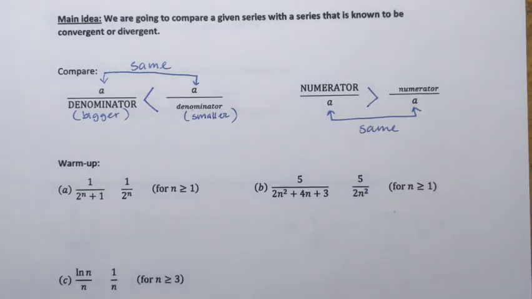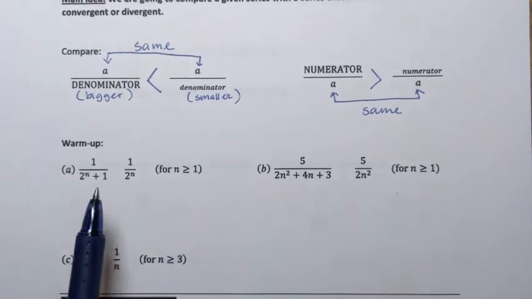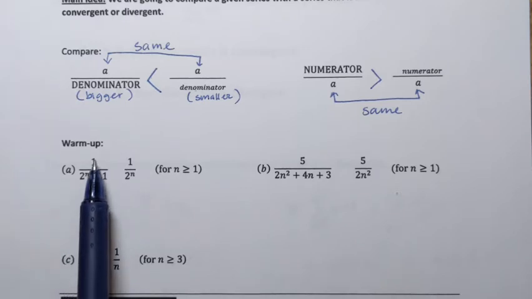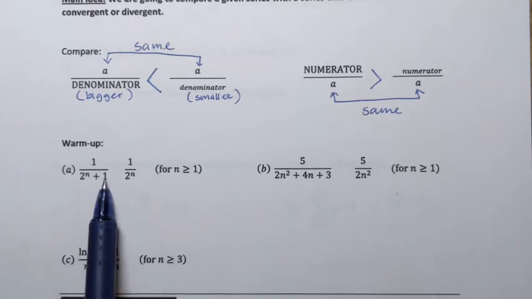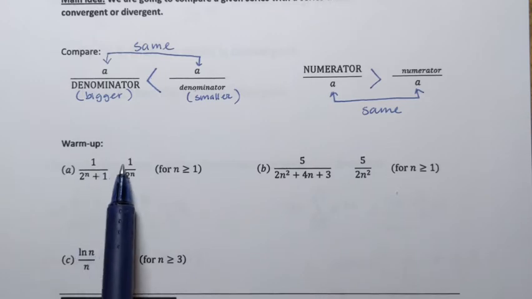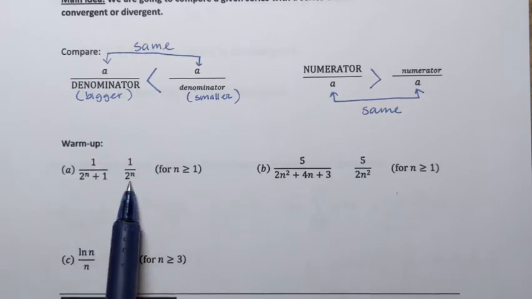Let's practice that. For the first example, I have to compare, again, by using less or greater symbols, those two expressions, 1 over 2n plus 1, and then 1 over 2 to the power n. What can I say about those two expressions? Well, I can see that numerators are the same, so we're dividing the same number by two different expressions.